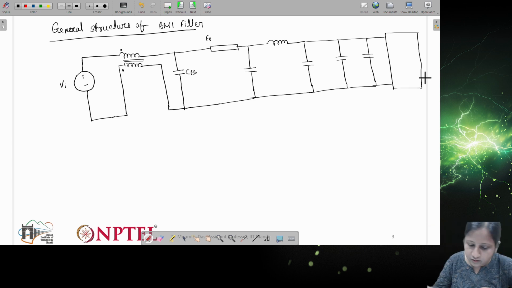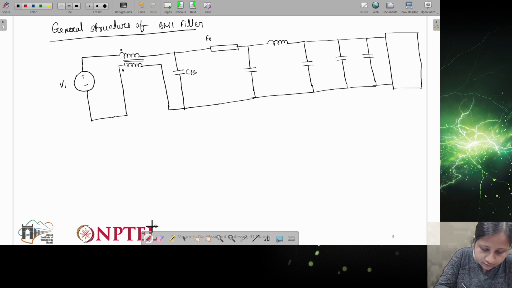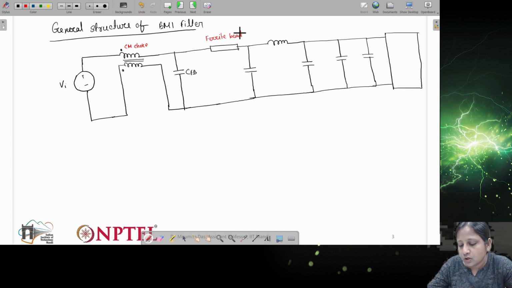Okay, so let me just write down the name of this different component. This is CM choke. This is ferrite bead. Then this is one CLC type of filter.